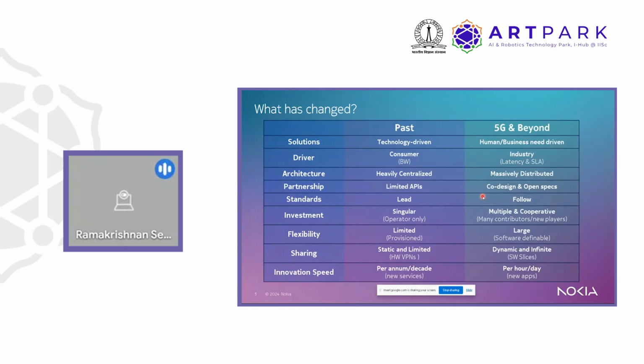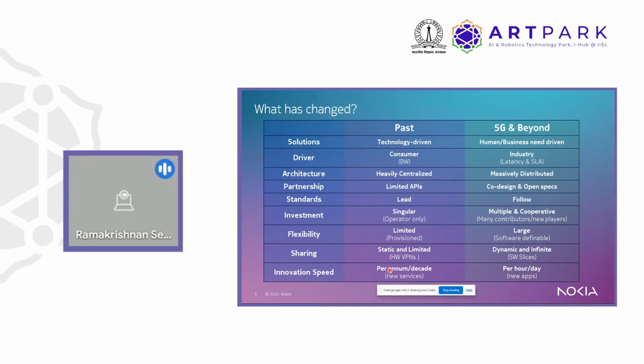And in terms of flexibility, 5G and beyond gives a large flexibility because it's software defined. Whereas in 4G and even 3G, you always had someone go there and provision your hardware and then energize that radio or core network component to make sure that coverage is given in those particular areas. And the last one is the innovation speed.